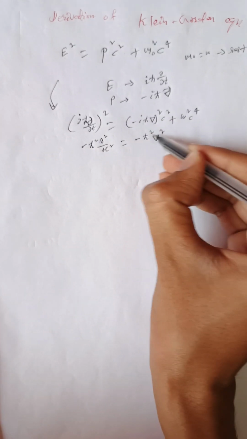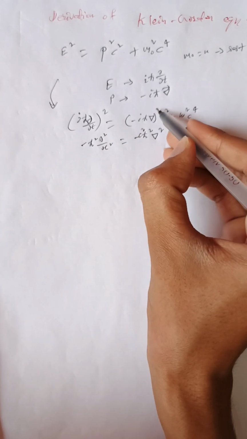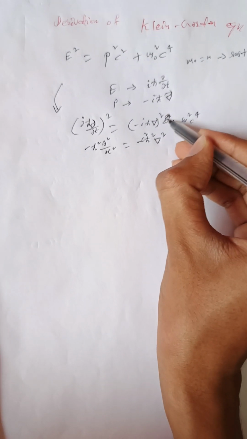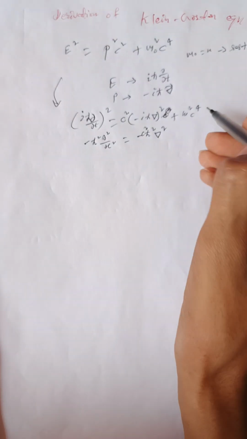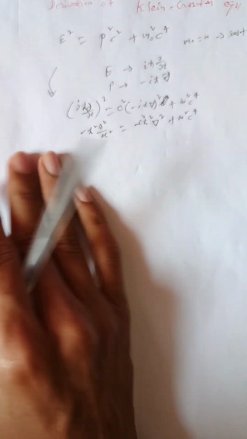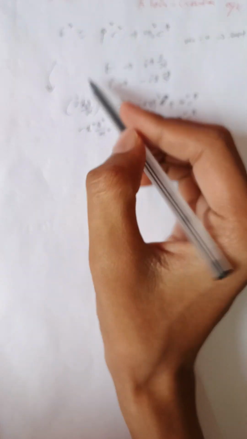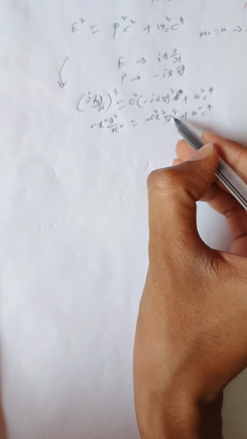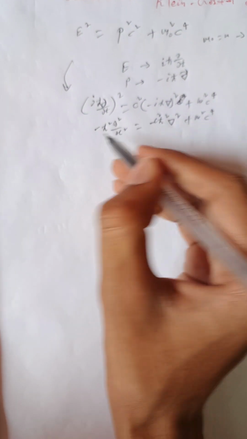I will write c squared this side. Remember that c squared is a constant, so it's better to write c squared on the left, plus m squared c to the fourth.